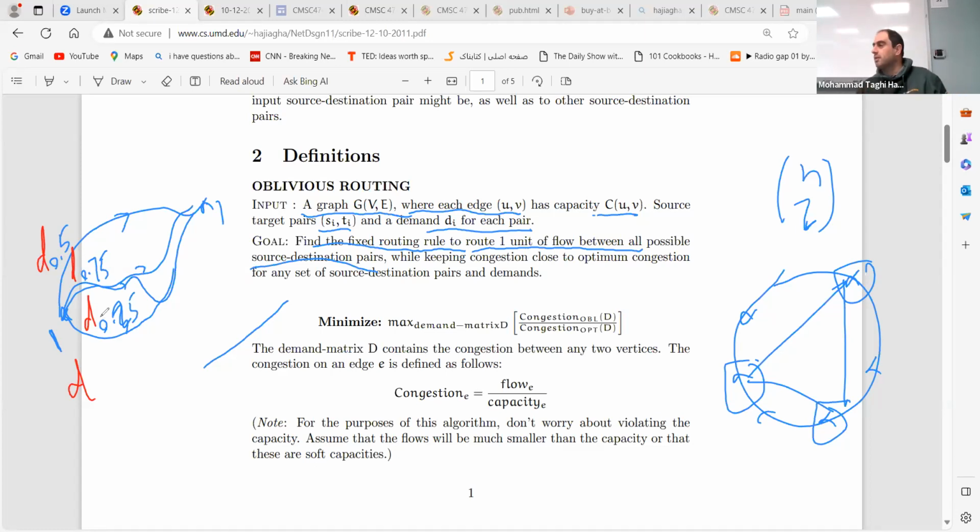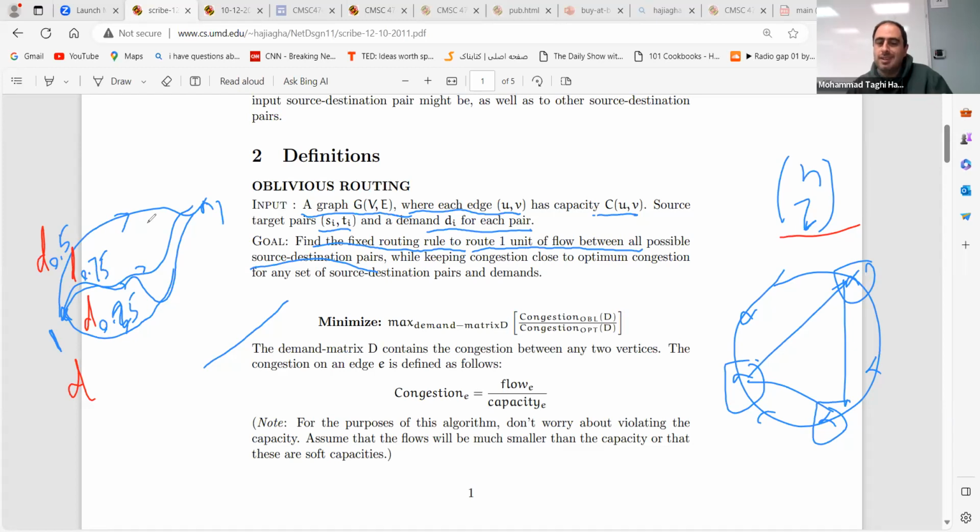So what is oblivious routing? For any pair of demands, n choose 2 pairs, I give a path between them. I will say, if I want to send one unit of flow, how you should send it? All of them are decided in advance. Good.